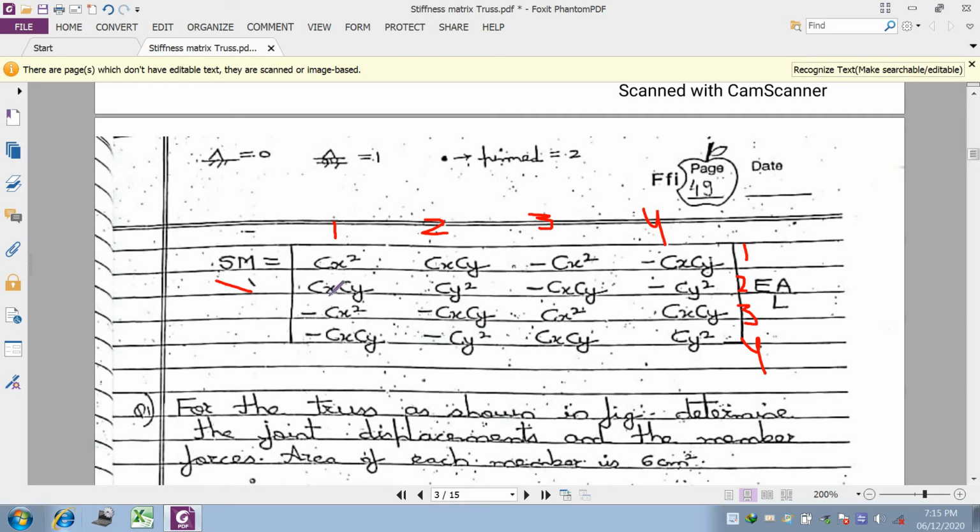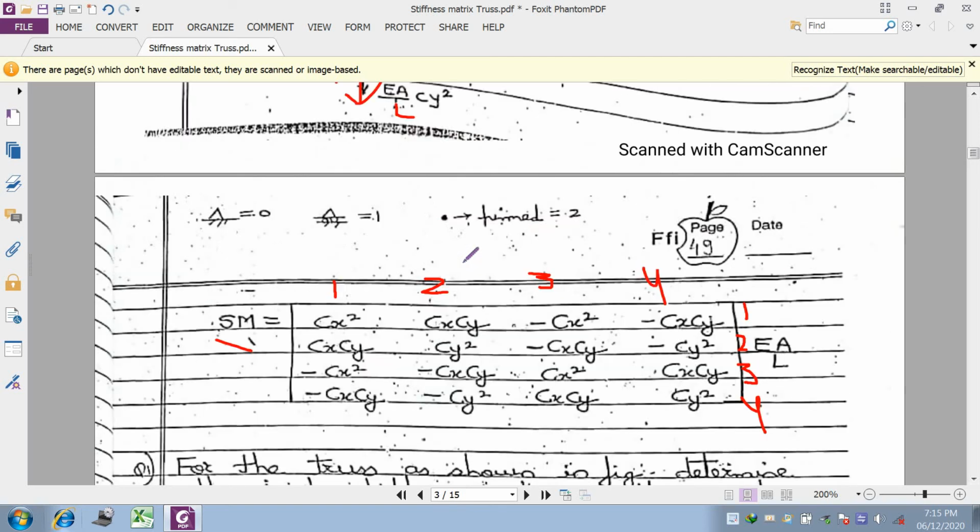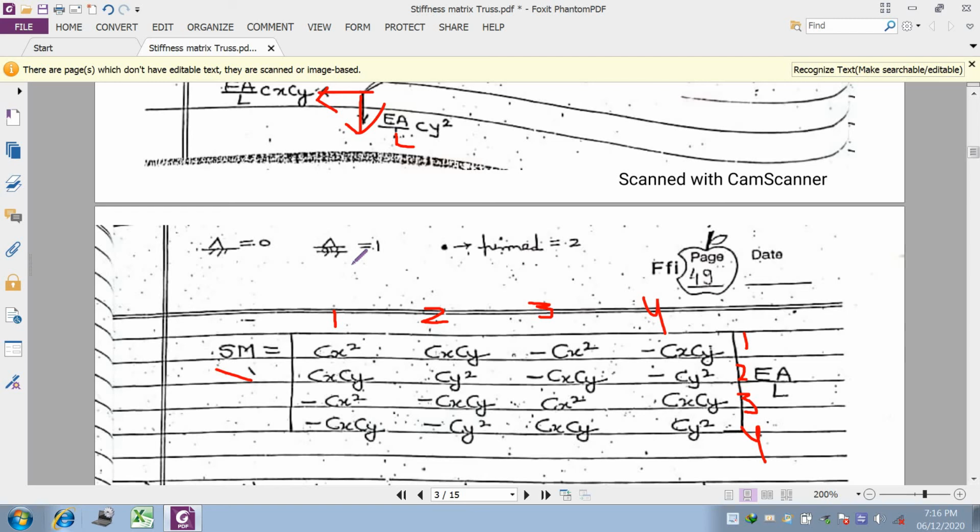While solving the numerical, you replace CX with cos theta and CY with sin theta, as we already mentioned. One more thing is that in numericals you will come across various types of supports. In the truss element, what are the various degrees of freedom?